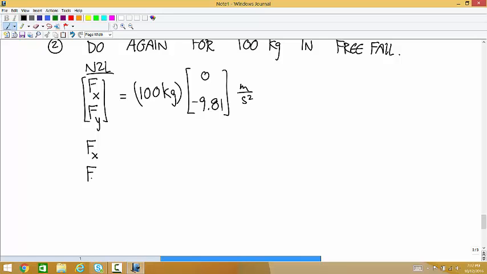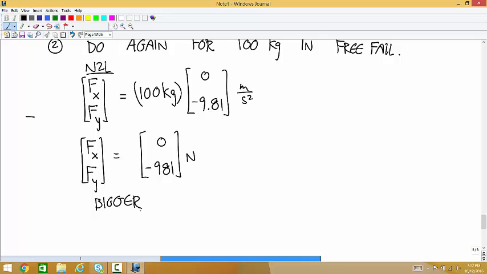And so the force vector applied by gravity in this case is 0, negative 981 newtons. So this force is bigger. Gravity applied a bigger force to the more massive object.